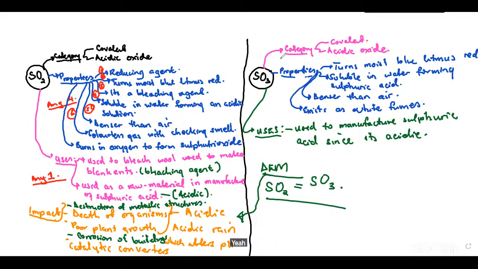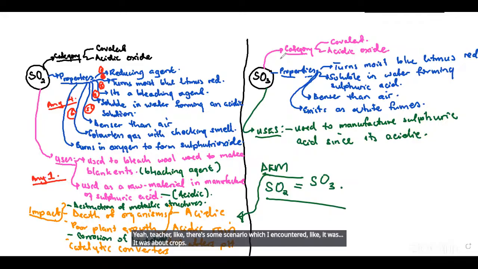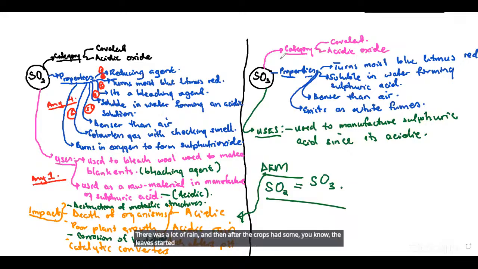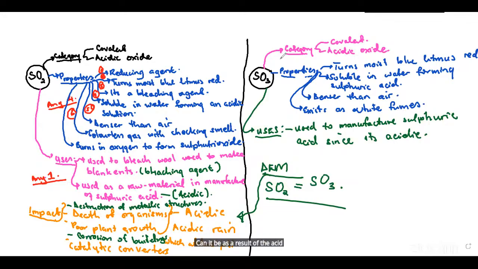Teacher, there's some scenario which I encountered about crops. There was a lot of rain, and then the leaves started wilting, drying up. Can it be as a result of the acidic rain, or does it not have any effect? Was the question in our field of chemistry?